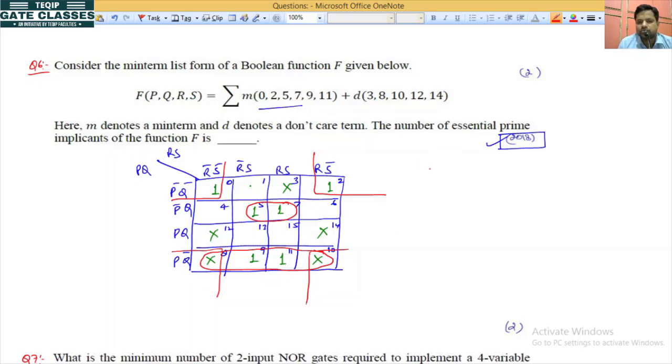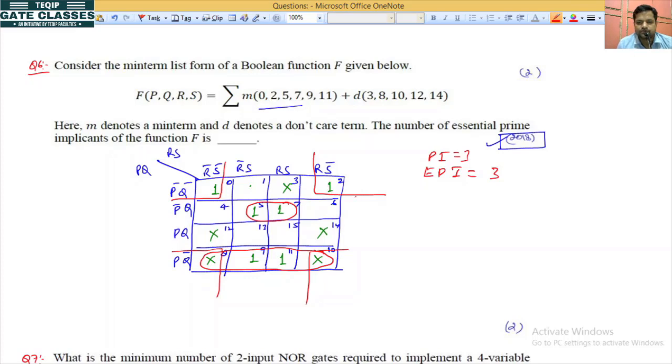Now how many EPIs are there? If you talk about EPI, it will be 1, 2, 3. 3 PIs will be there. How is it 3 PIs? Because if at least one cell is not covered by any other PI, then it is called an EPI.